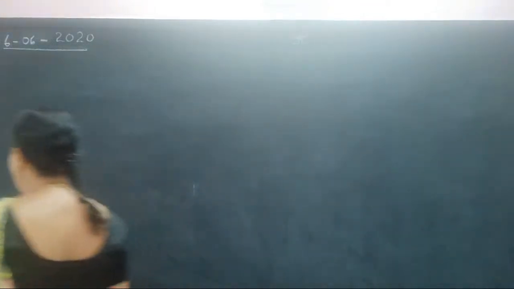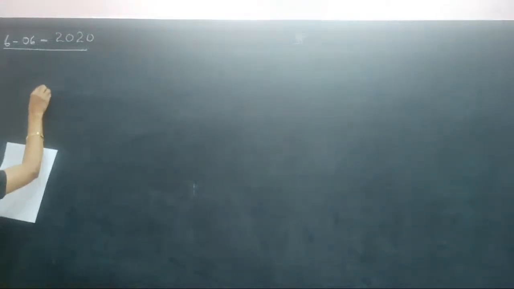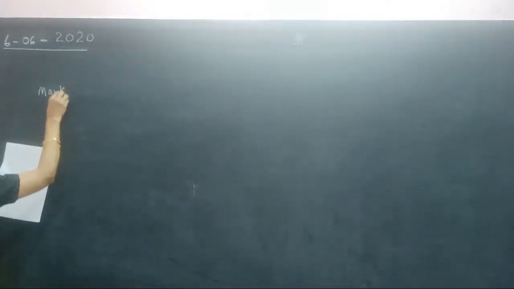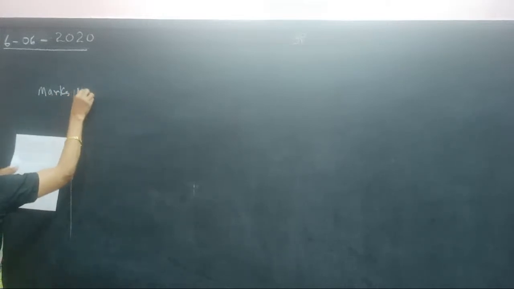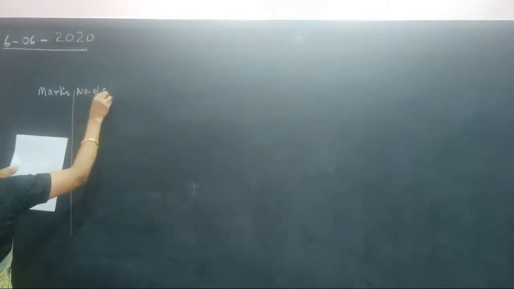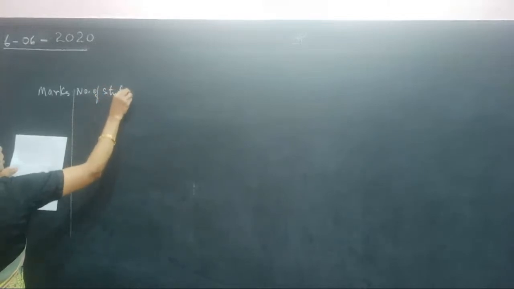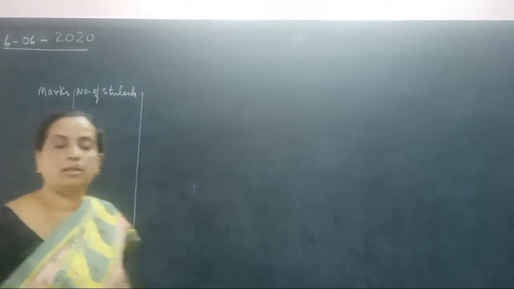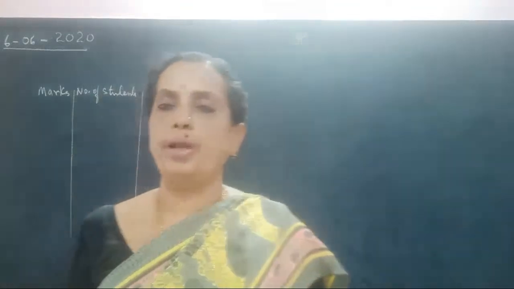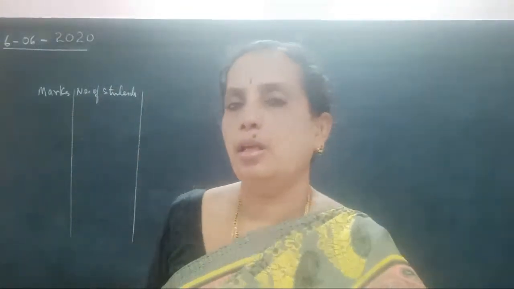Take question number 1: marks in the first column, number of students in the second. Marks represent the class interval, and number of students is the frequency.